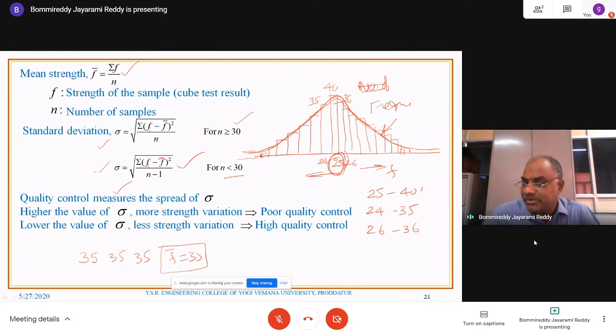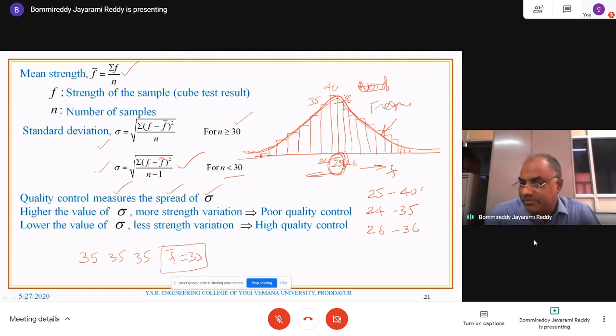So here, (fi minus f bar) whole square, that means the deviation of the sample from its mean, is measured in standard deviation. So sigma always measures the spread of the values. And it will tell the quality, whether the values are well within the limits or have a large deviation.